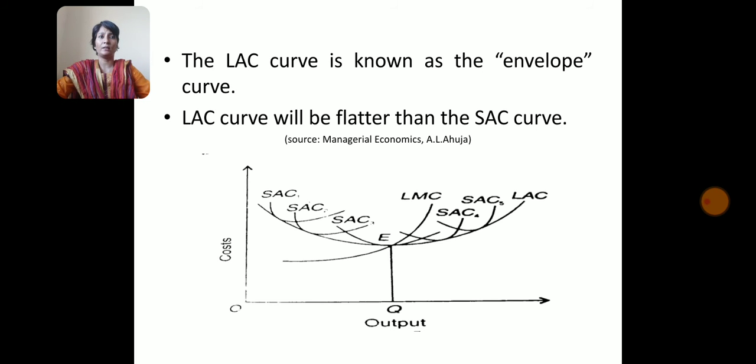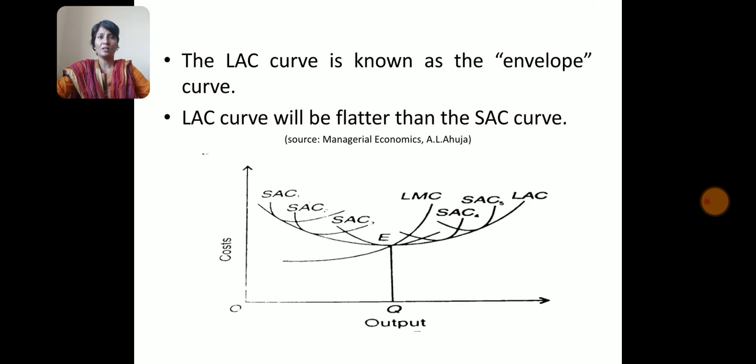As we can look at in the diagram, the LAC has been drawn from various small short run average cost curves. While the SAC curves correspond to a particular plant, since the plant is fixed in the short run, the LAC curve depicts the scope for expansion of plant by minimizing cost.